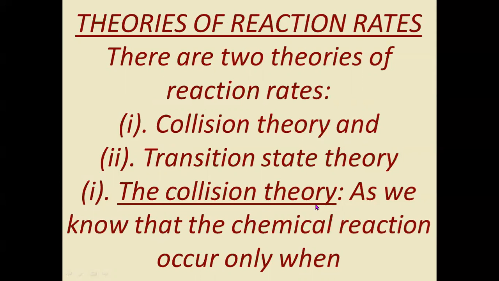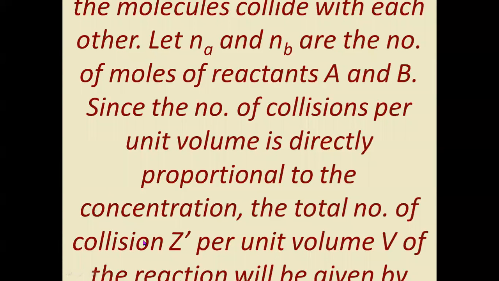In this theory, it is said that chemical reaction occurs only when there is collision between molecules of the reactants. Always remember that when reactants are in gaseous state, the reaction will proceed due to collision between the molecules of the reactants.